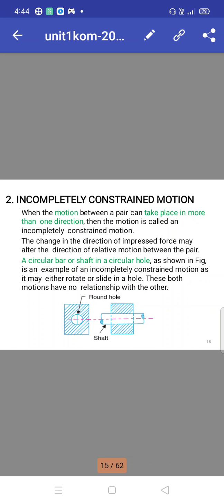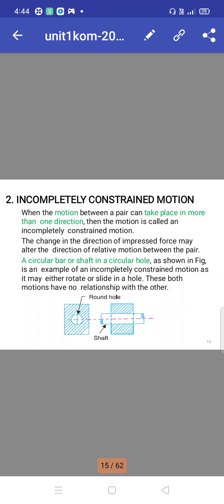Incompletely constrained motion. When the motion between a pair can take place in more than one direction, then the motion is called incompletely constrained motion. The change in the direction of impressed force may alter the direction of relative motion between the pair.